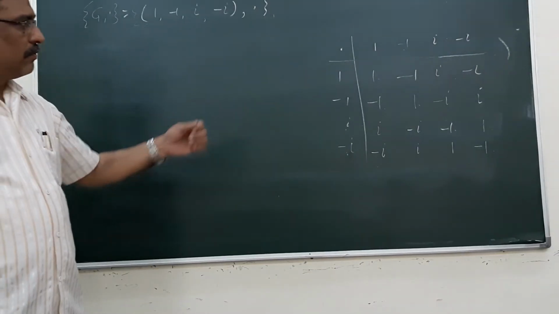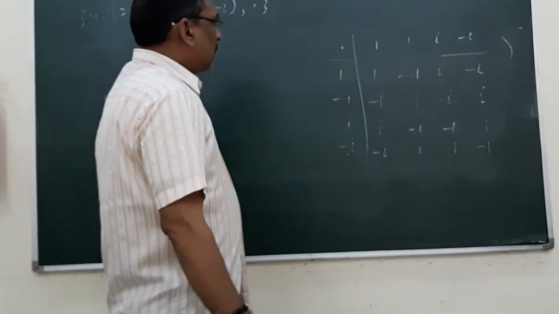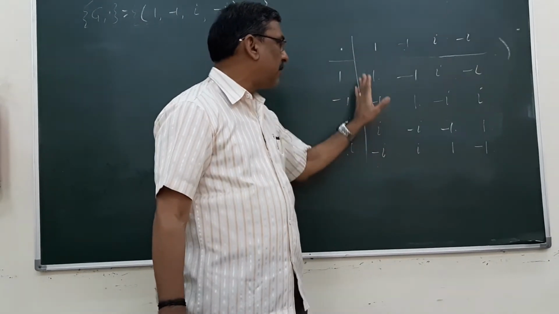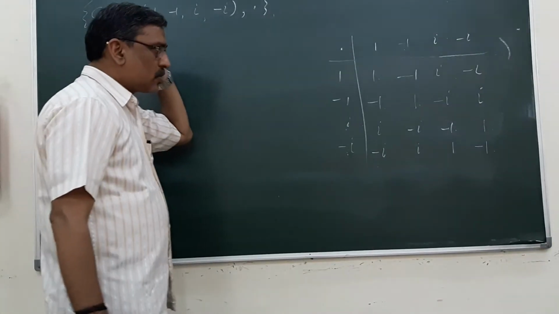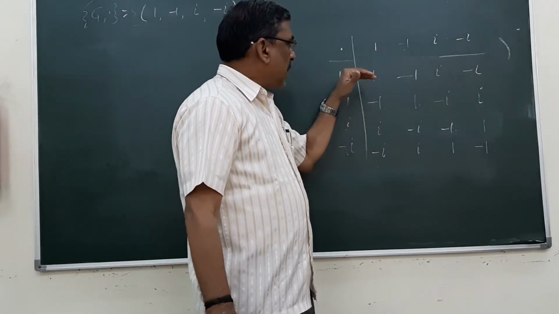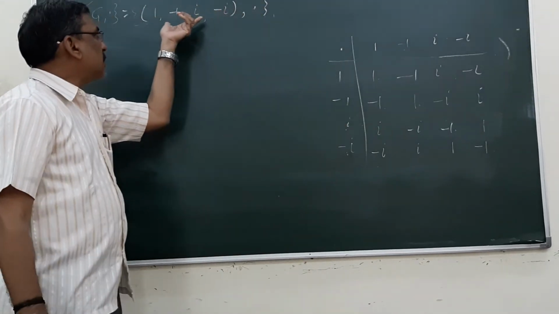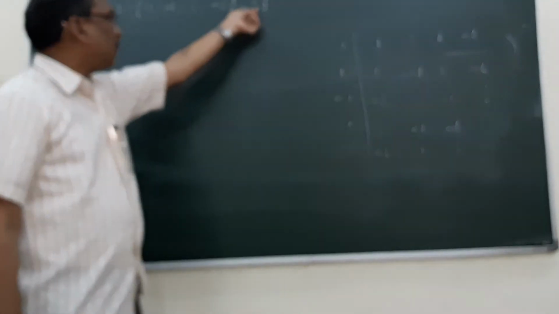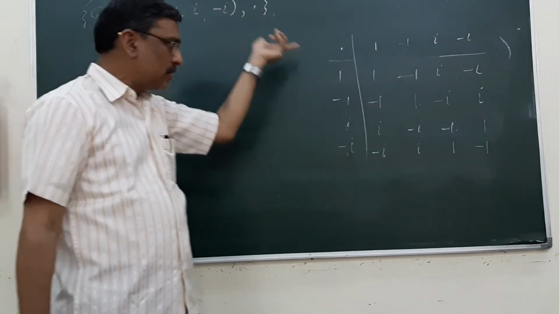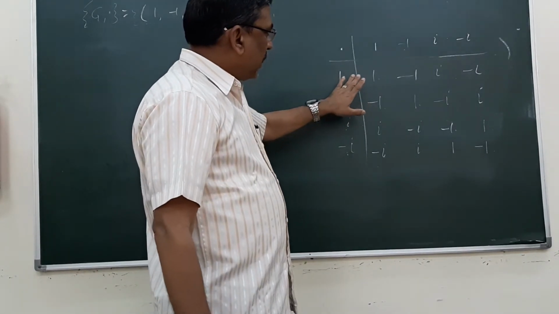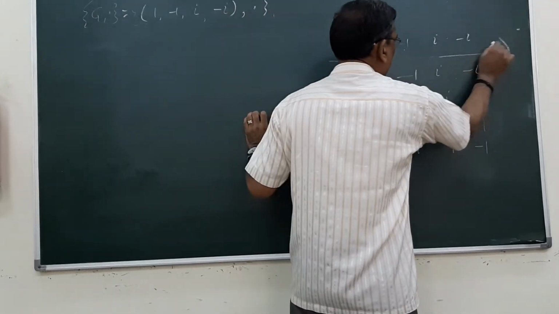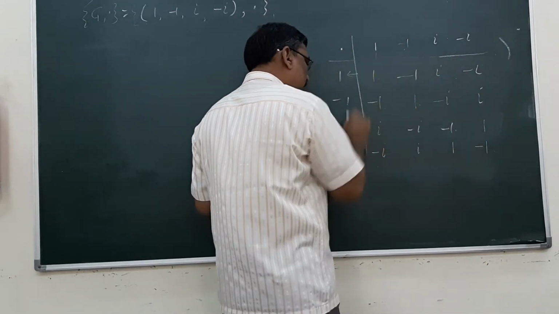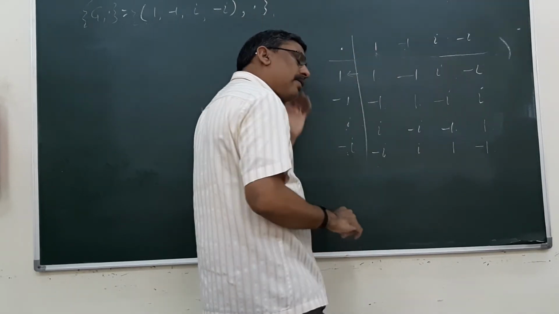Here straightforwardly we can say that the closure property holds good since every entry belongs to the given set. Associative property holds for the operation multiplication, since these are fourth roots of unity. For identity and inverse, we can see this row matches with this row, so this is the left identity; similarly this column matches with this column, so this is the right identity.